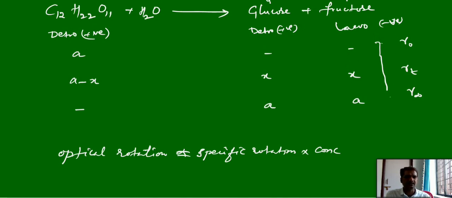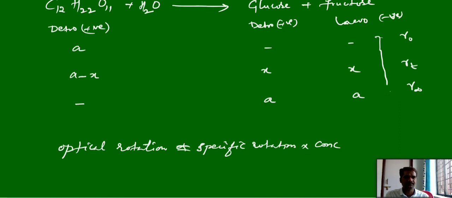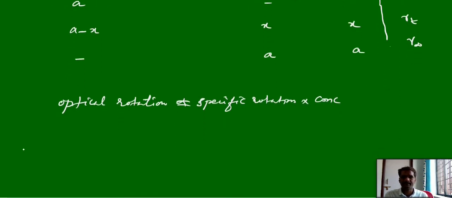The optical rotation at time t equal to 0, R0. Optical rotation of the reaction, instead of mixture let me say reaction, because initially we have taken only one reactant.